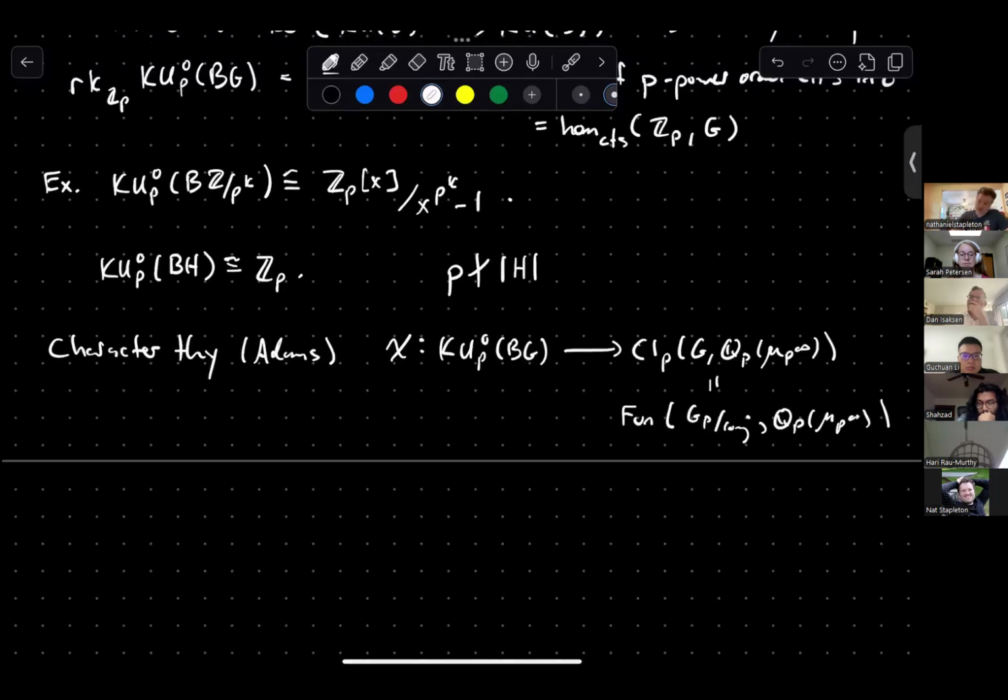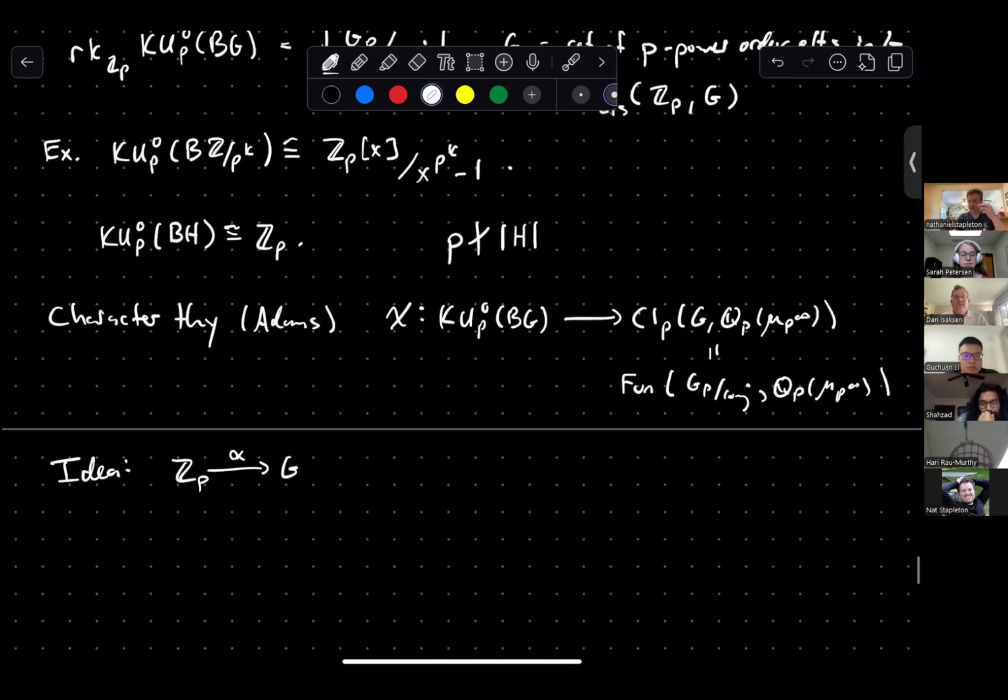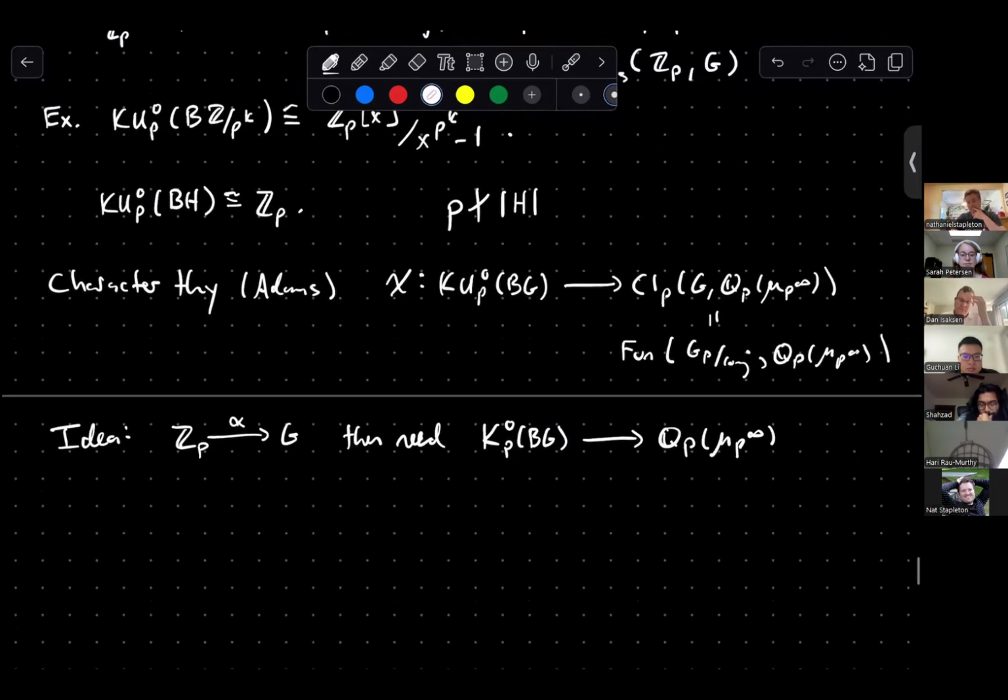And this is constructed in the following way. So what do I need to do? Well, if I have some map alpha from ZP to G, picking out an element of p power order, then what we need is a map from the p-adic K-theory of BG to QP adjoin mu p infinity, the coefficients, depending on alpha. And it's not so hard to do.